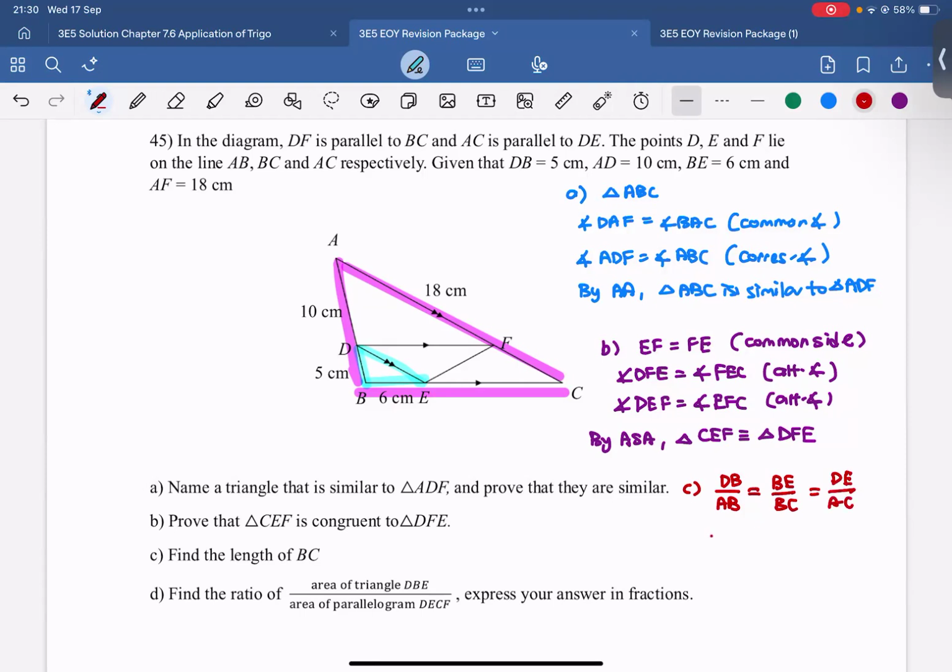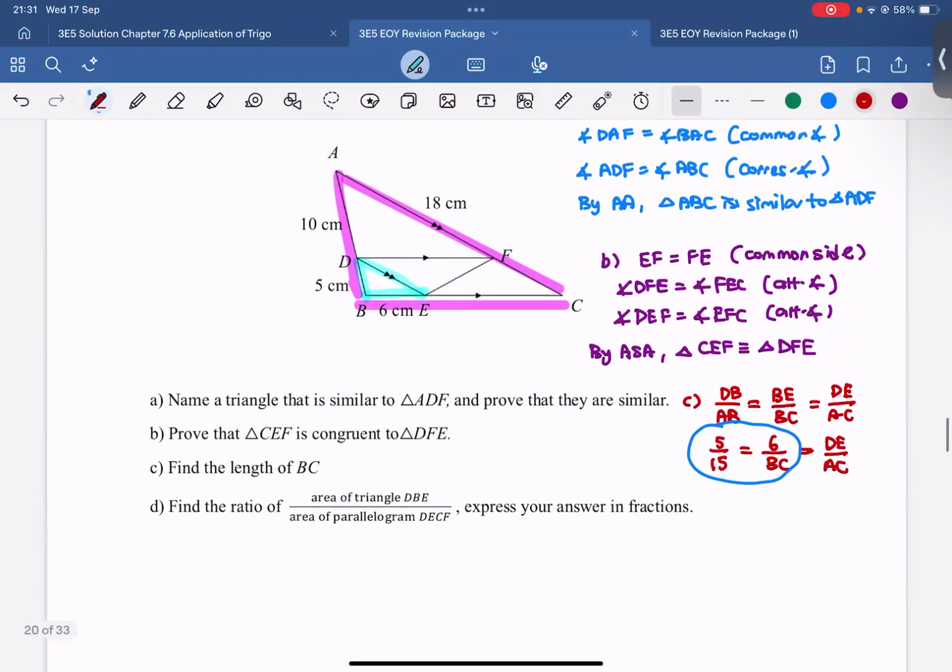DB is 5, AB is 15, BE is 6, BC don't know, DE don't know, AC don't know. But using just these two is good enough for us to find BC.